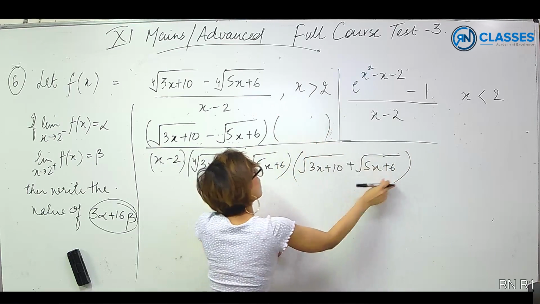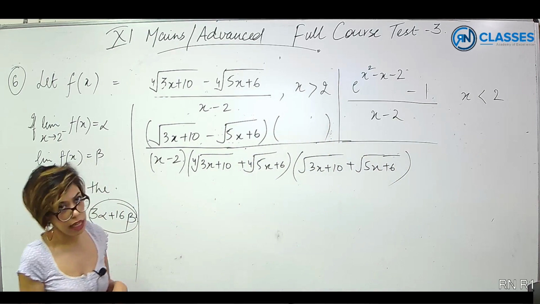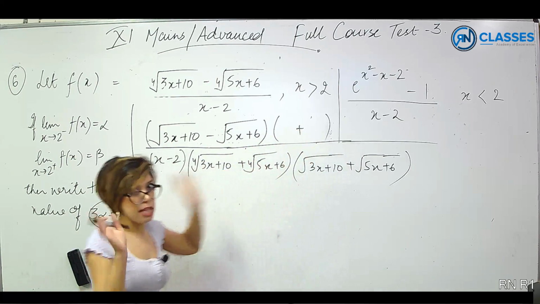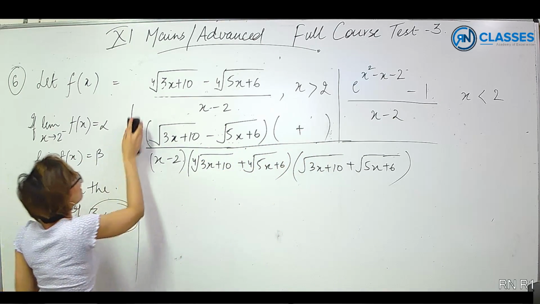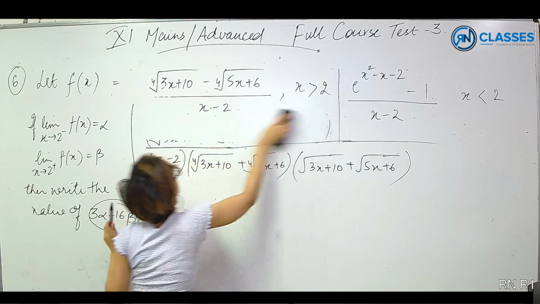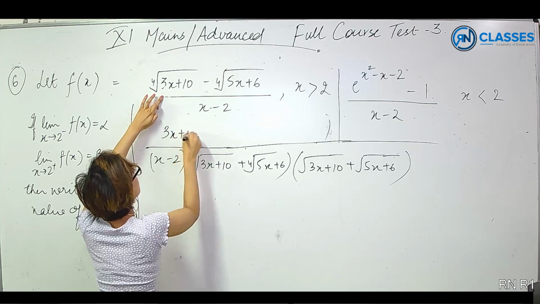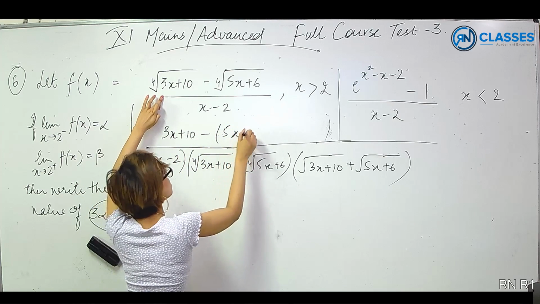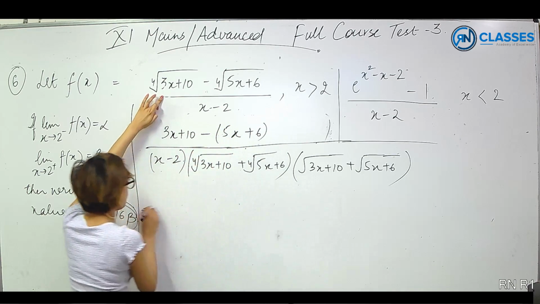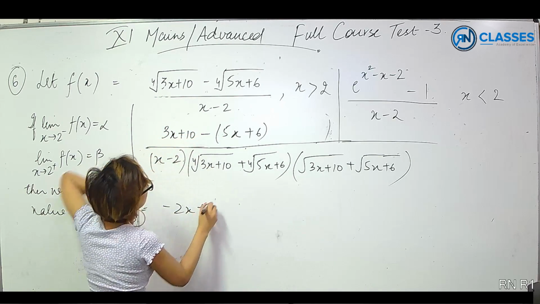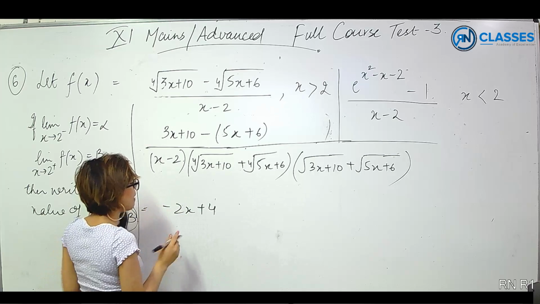And I will write this factor again over here. I will not write it again. So, a minus b into a plus b will become a square minus b square again. So, in short, I will get in the numerator 3x plus 10 minus 5x plus 10, which is nothing but minus 2x plus something. I can take minus 2 common.